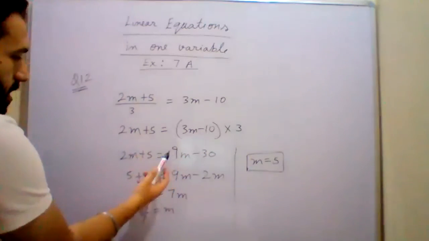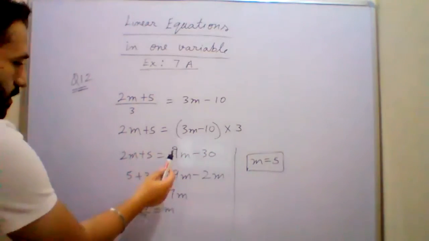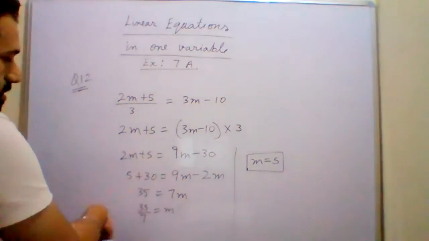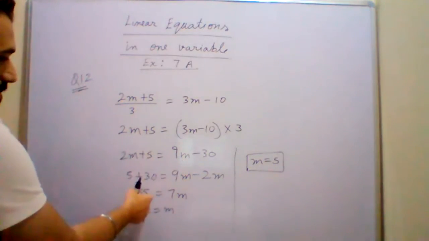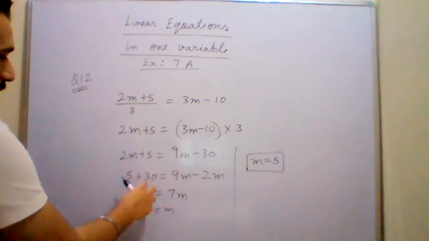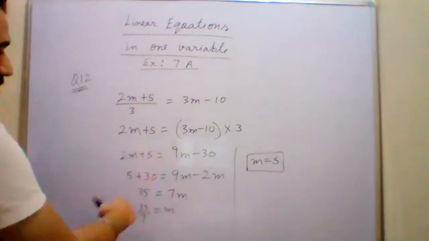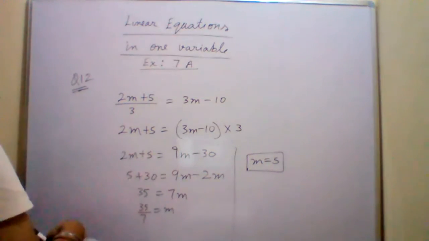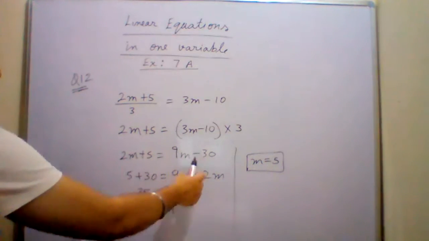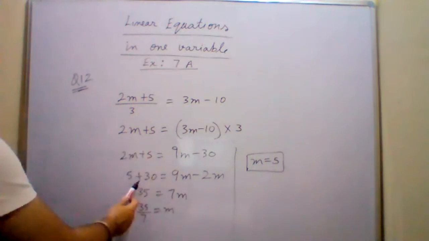Now there are two methods after this. You can take 9m to LHS, or you can take 2m to RHS. Both the things are correct. So I have taken 2m to RHS and I have taken minus 30 to LHS.